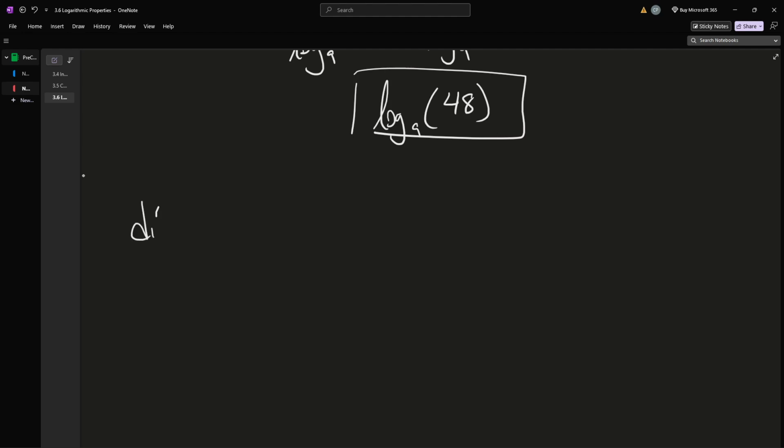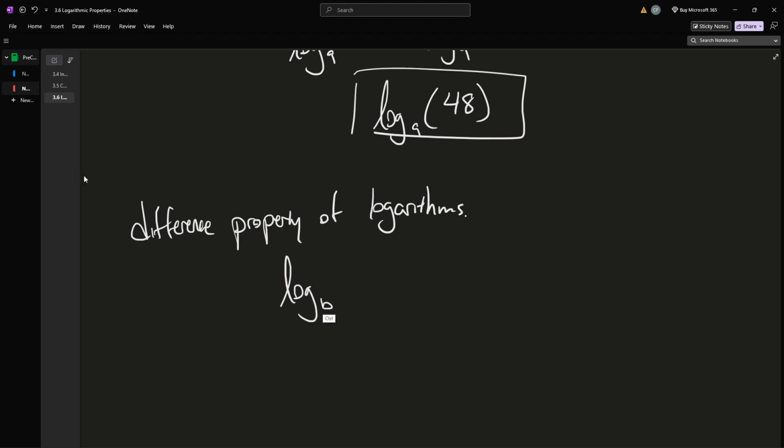Now, a difference property of logarithms. Let's use a similar one as before: log base 2 of 4 minus log base 2 of 8. 2 minus 3 equals negative 1.